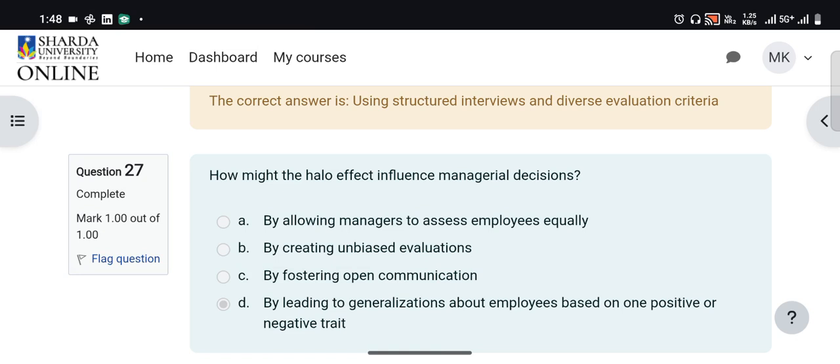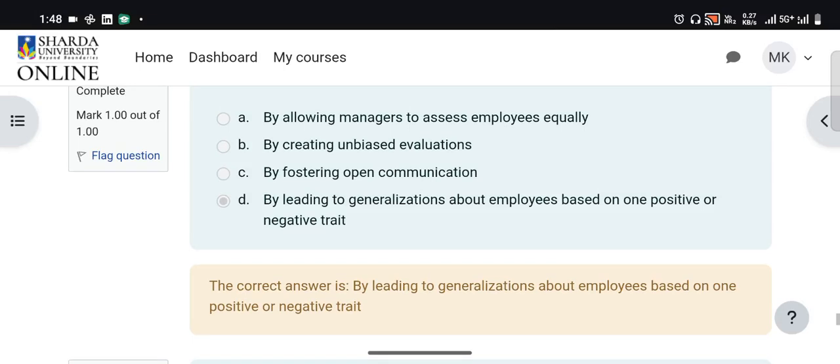Option D, by leading to generalizations about employees based on one positive or negative trait. The correct answer is by leading to generalizations about employees based on one positive or negative trait.